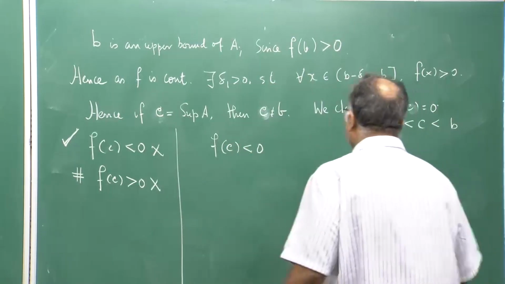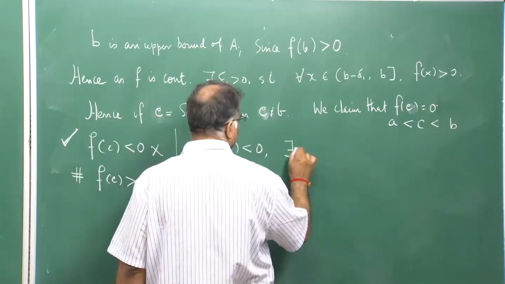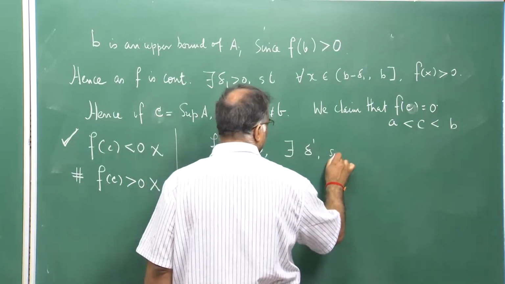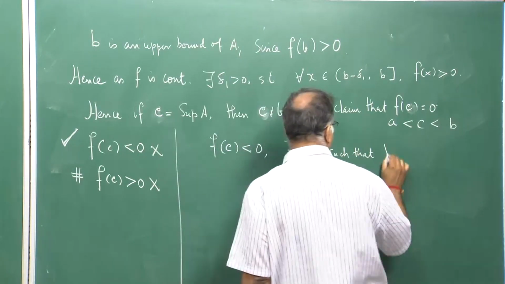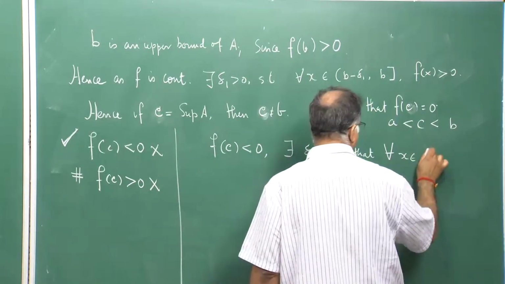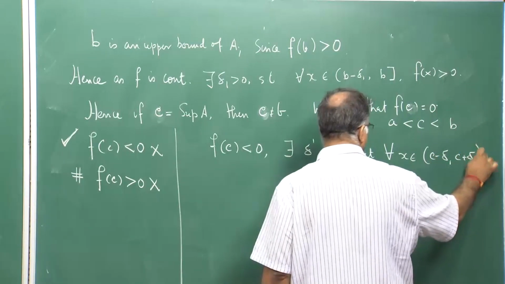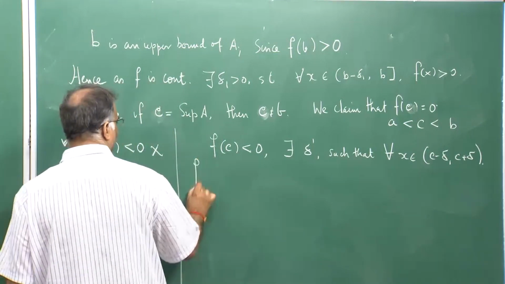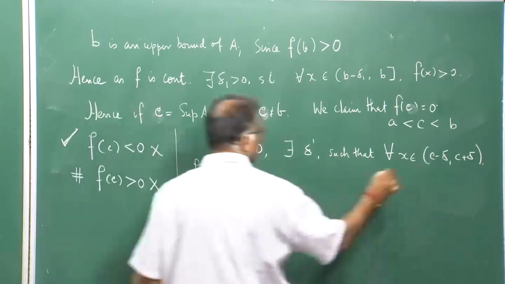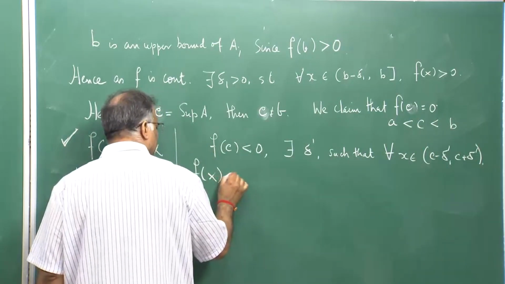And so, if fc is strictly less than 0, there exists delta dash such that for all x element of c minus delta dash to c plus delta dash, f of x would be strictly less than 0.